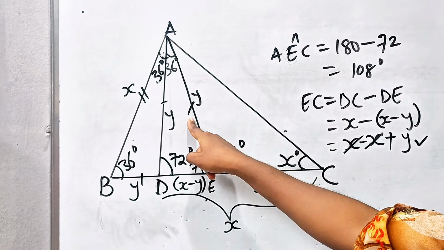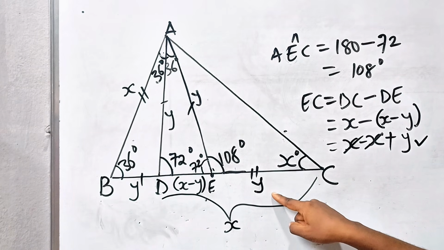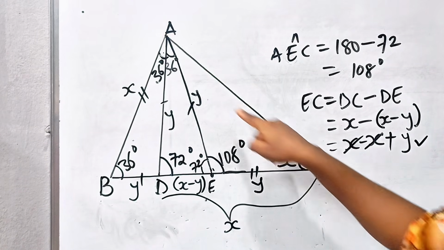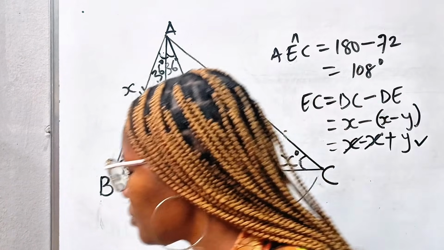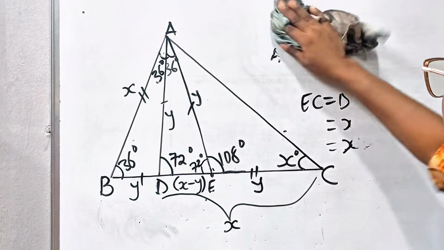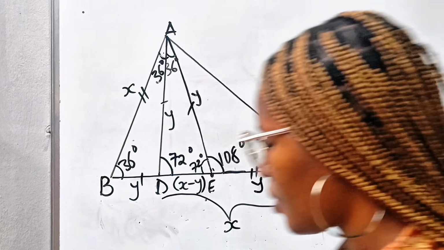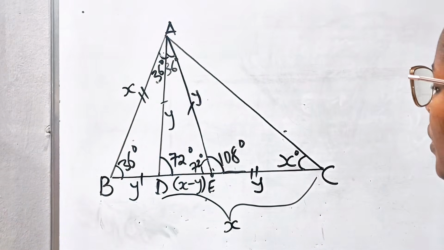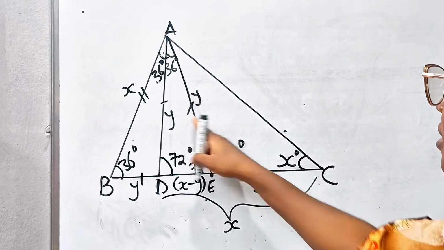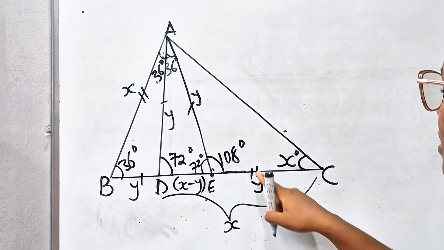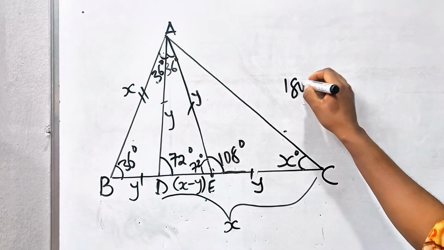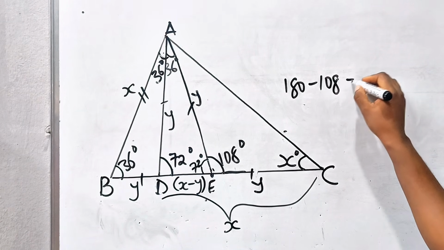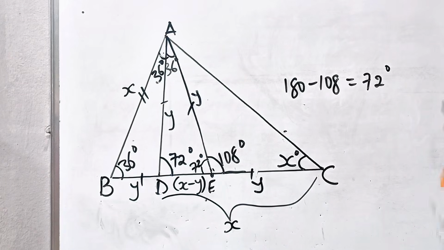Now, if this place is Y and this place is Y, it means that the base angles are equal as well. Alright? So, since this is Y and this is Y as well, it simply means that we have 180 minus 108, which will give us 72 degrees, right?